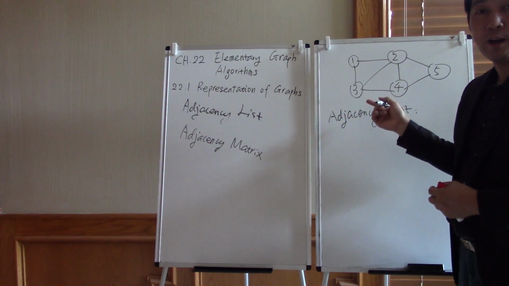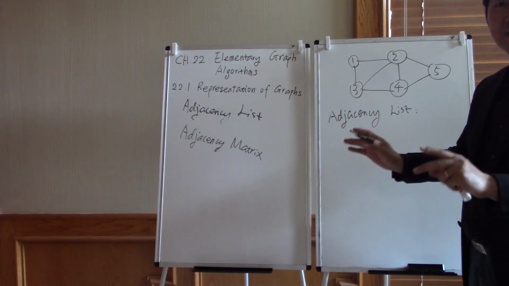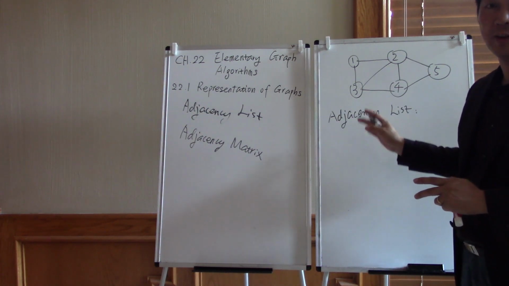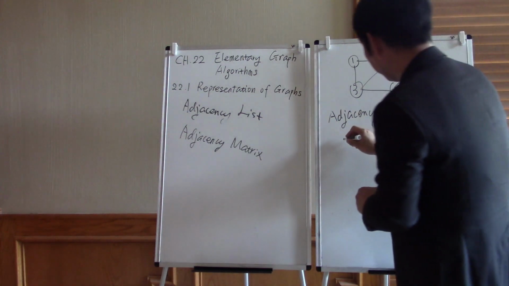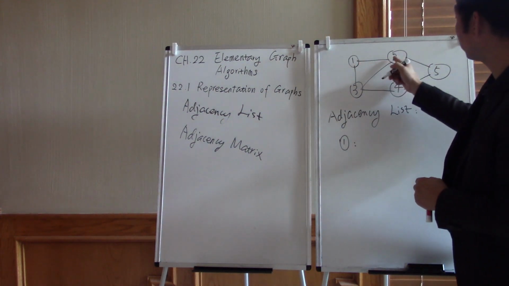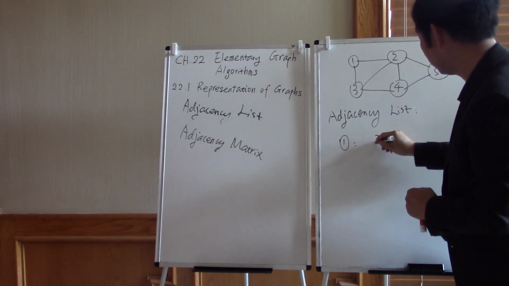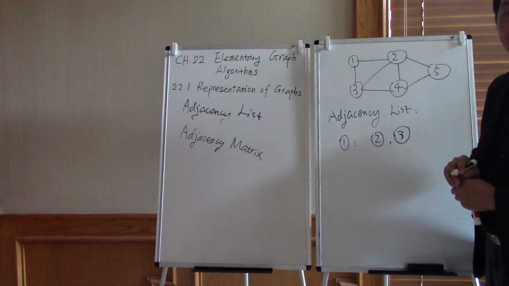But if it's a directed graph, then you remember the neighbors following the outgoing edges. So it works for both undirected and directed graphs. For this graph, for node 1, what are the neighbors? Node 1 is connected to node 2 and node 3, so nodes 2 and 3 are its neighbors.